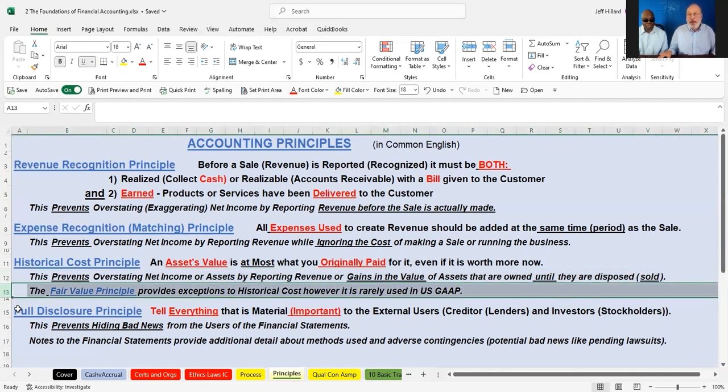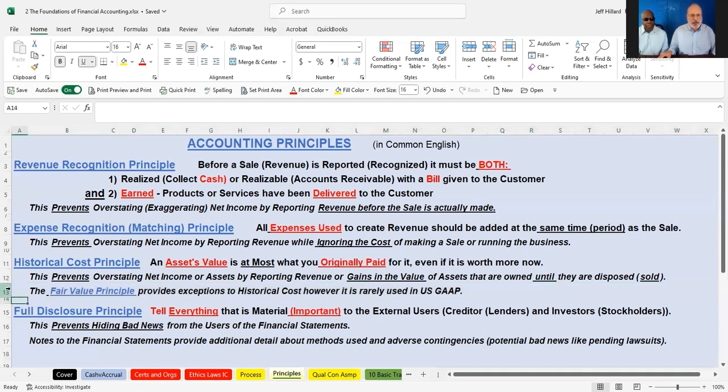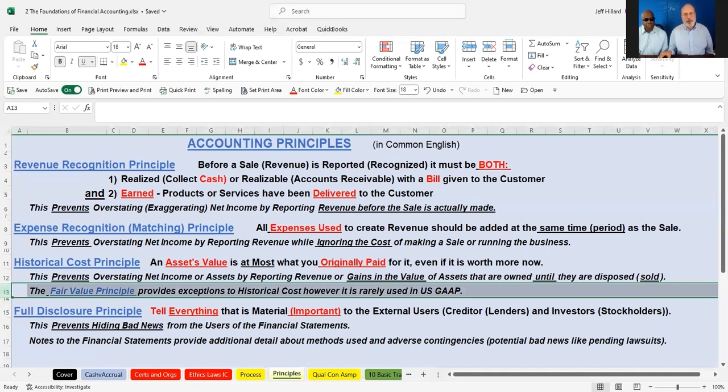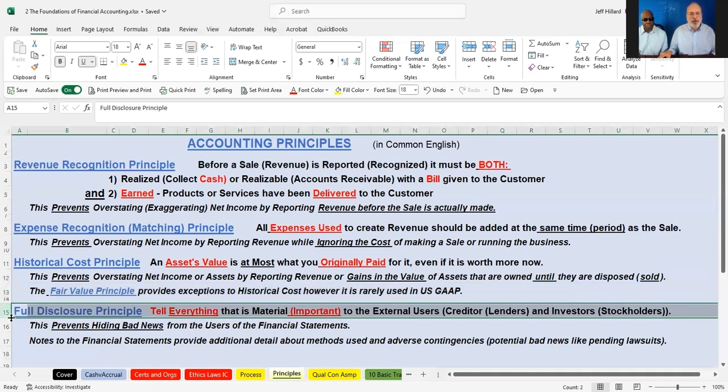The fair value principle is the opposite. It provides exceptions to historical cost. However, it is only rarely used in US GAAP, again, more frequently in international standards. The final one is the full disclosure principle, which says tell everything that's material, which really is important.